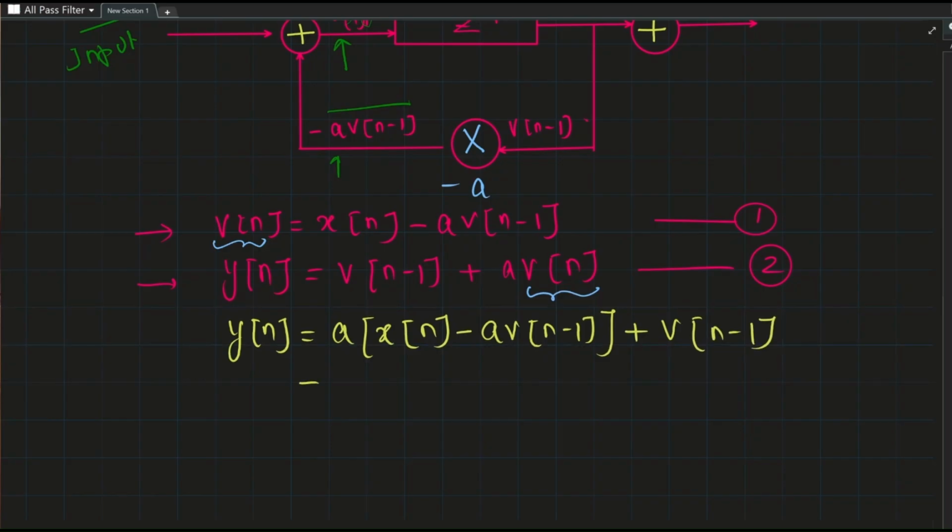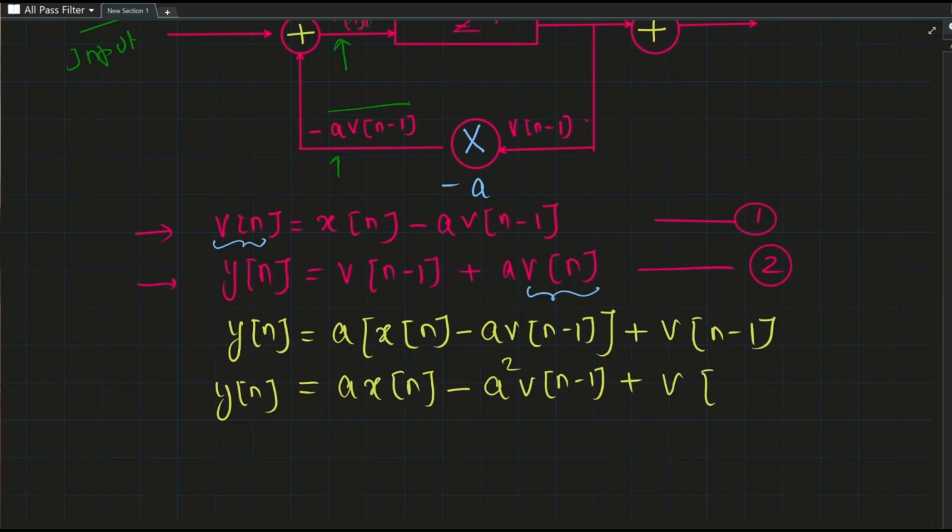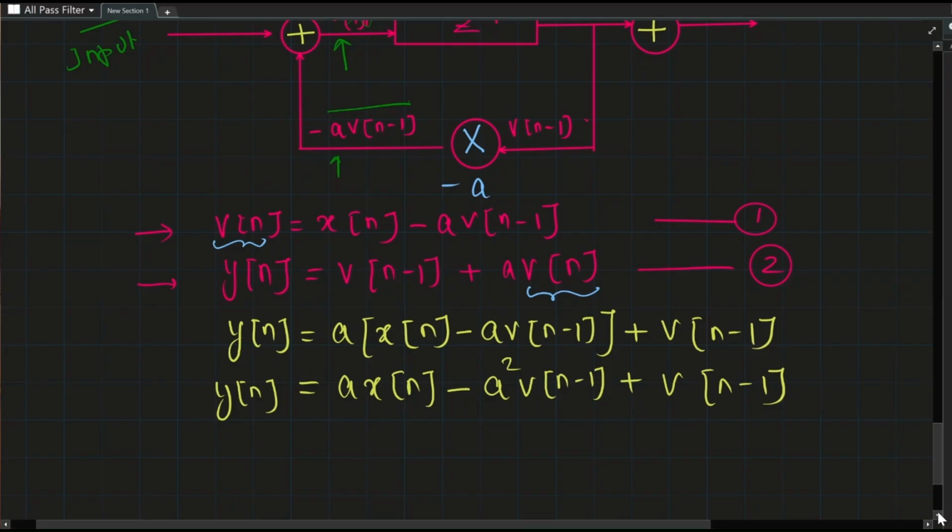Now after simplifying it, yn becomes a xn minus a square Vn minus 1 plus Vn minus 1. Basically, we have to get rid of these V terms because they are intermediate signals, and we have to rearrange this equation in terms of x and y, thus establishing the relationship between the input and the output. So this becomes my equation 3.